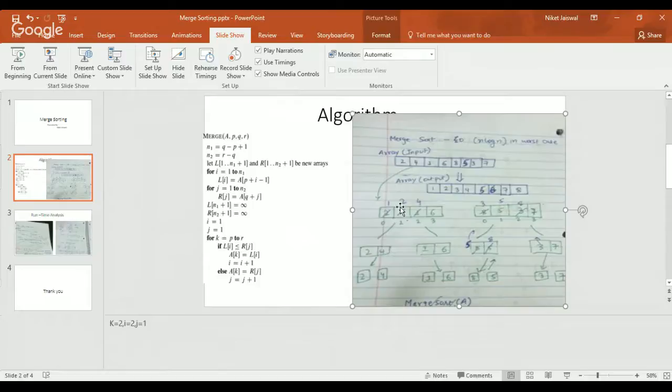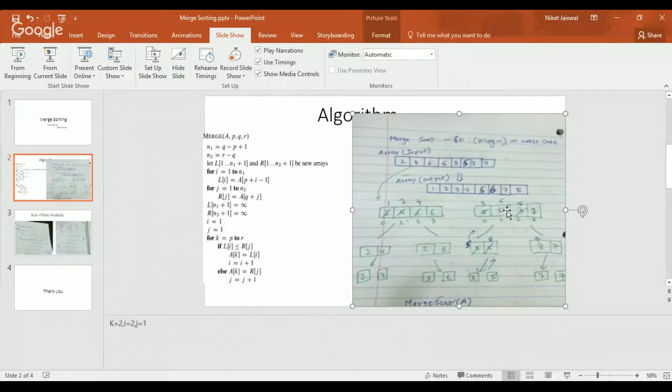Now i is 2. Is 2 less than 3? Yes. Now this is 2. Now i has increased from 2 to 3. j is still 1, right? So j is now 4. Is 4 less than 3? No, go to the else part. Now j has become 2.